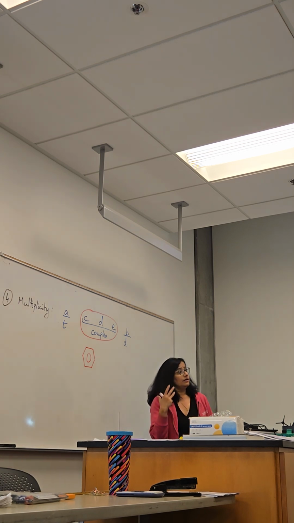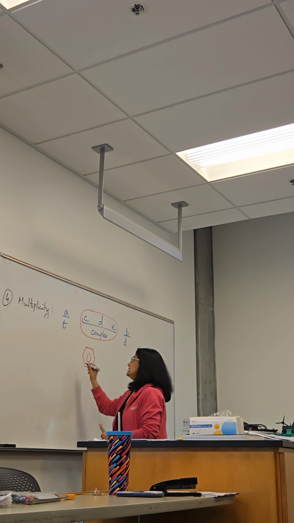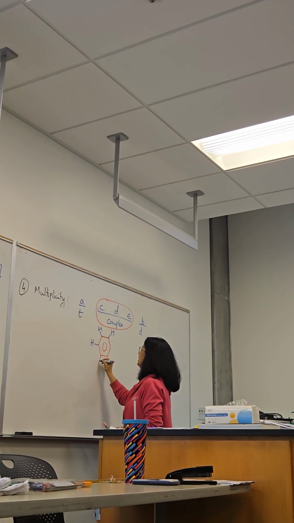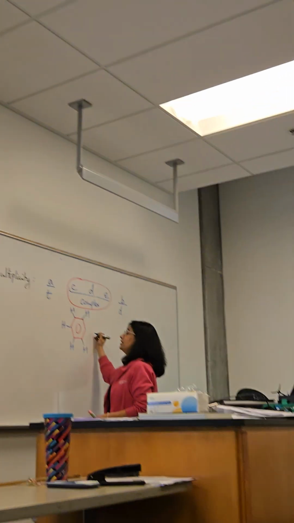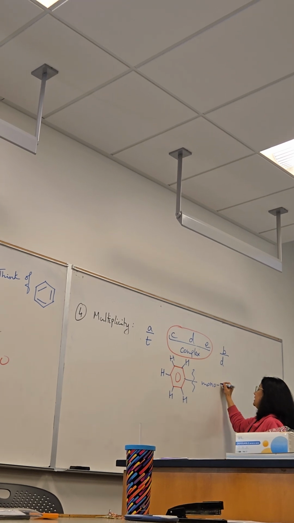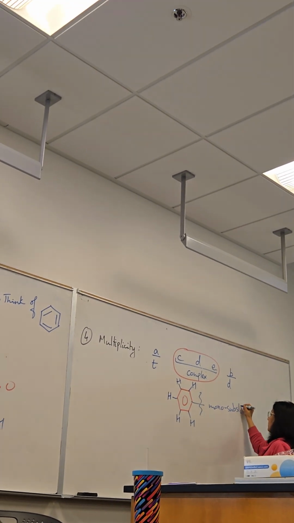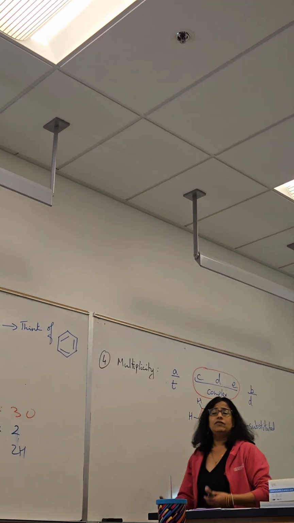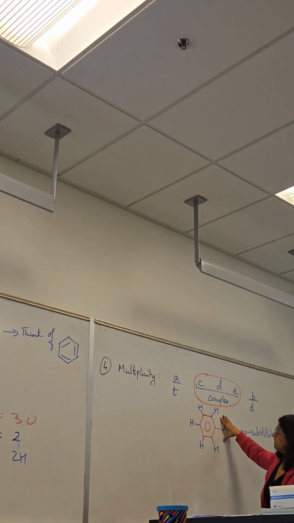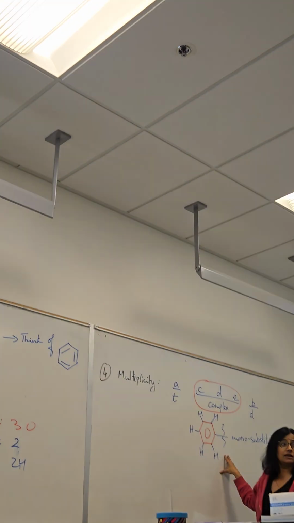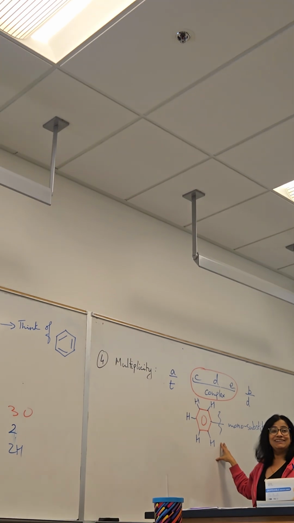Which makes sense. If there are 5 hydrogens on the benzene, how many other substituents does the benzene ring have? 1. A monosubstituted benzene. There's only one more available place for benzene to have something else on because the others are 5 hydrogens. Is everybody noticing that?